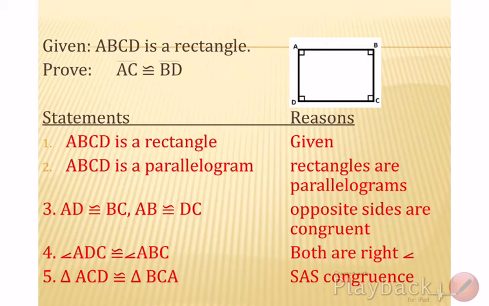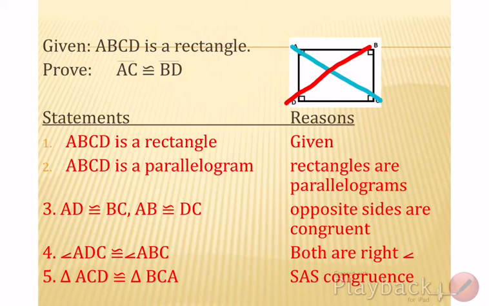Here's our proof. If ABCD is a rectangle, prove that AC is congruent to BD. What are we trying to prove? AC is this diagonal here, is congruent to BD. ABCD is a rectangle, that was given. ABCD is a parallelogram, because rectangles are parallelograms.